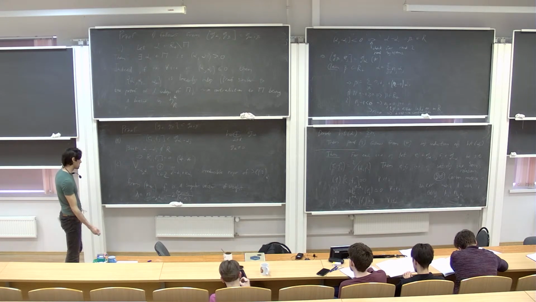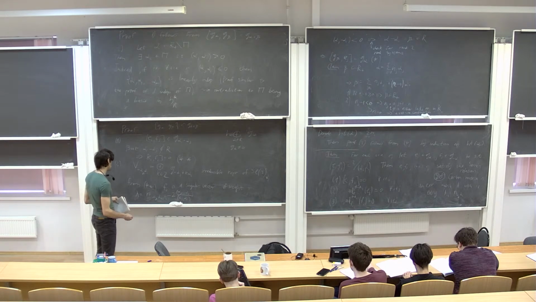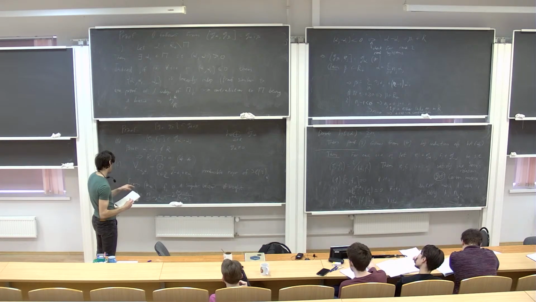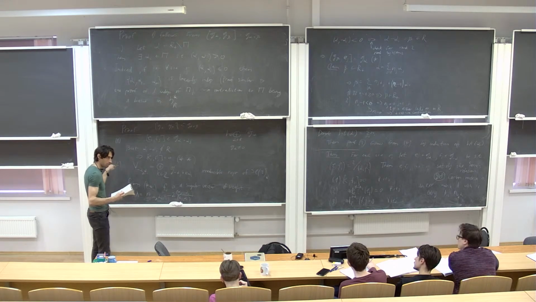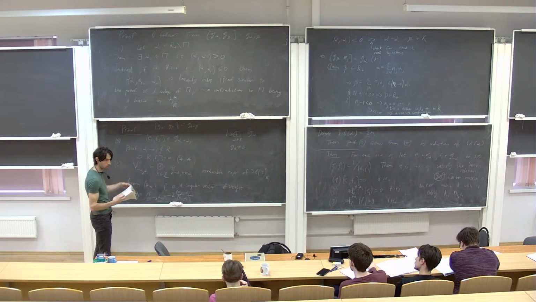So it's the highest weight vector of this weight. Therefore, if we act by F_i a sufficient number of times, we will get 0. It's just how the representation theory of SL2 goes.